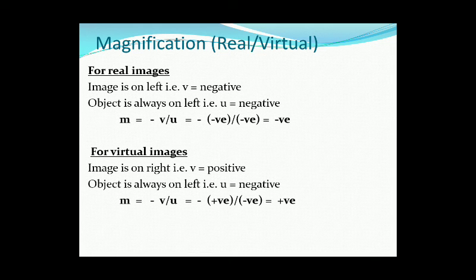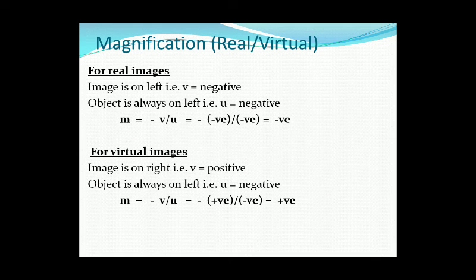Just recall your ray diagrams. So when images are on the left, it means they are also negative. Now, on putting the sign in the formula, minus already one negative is there, V is negative, U is negative. Three negatives are there. It means finally what is coming out? Negative sign. So if m is negative, it means that the image is real.